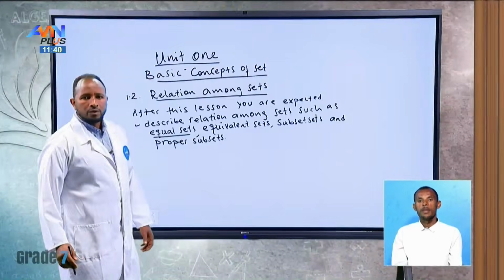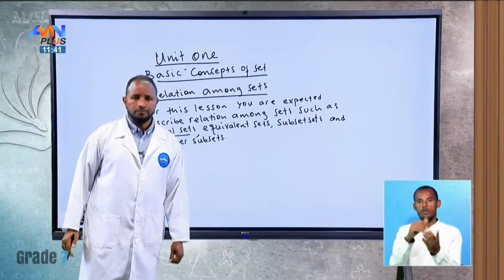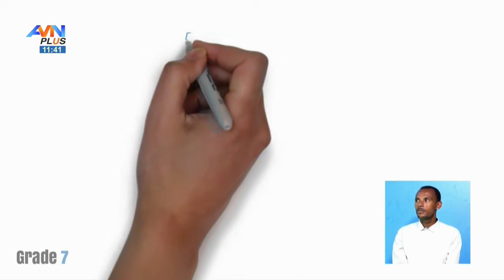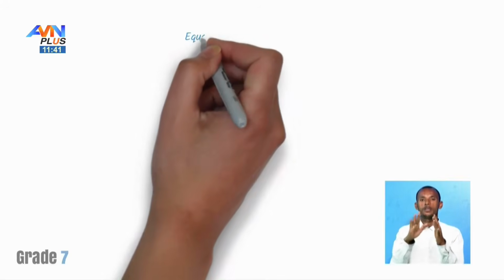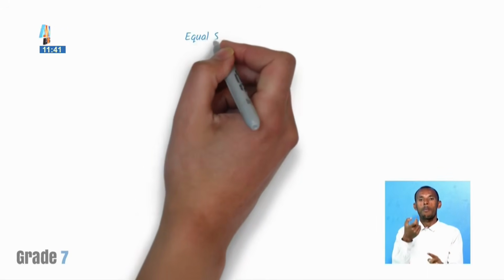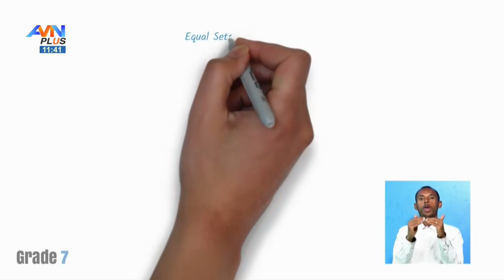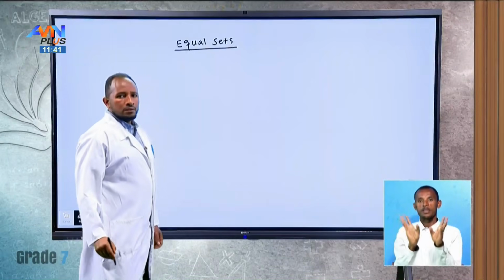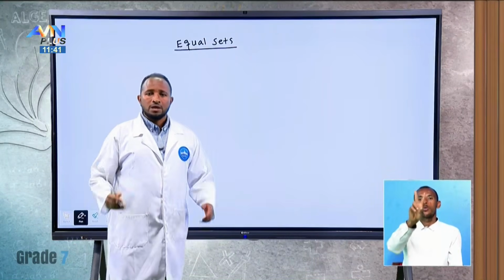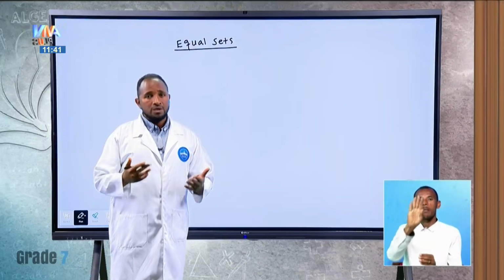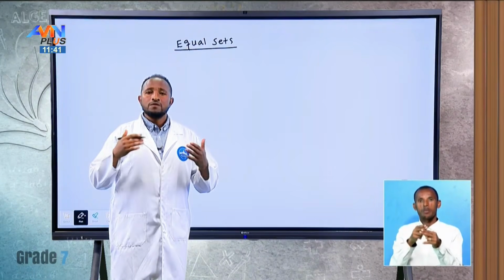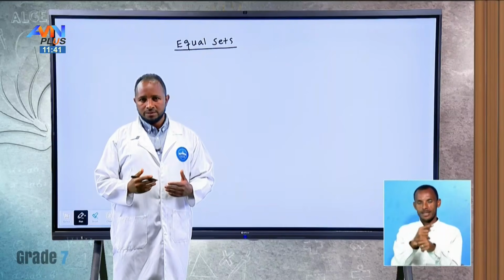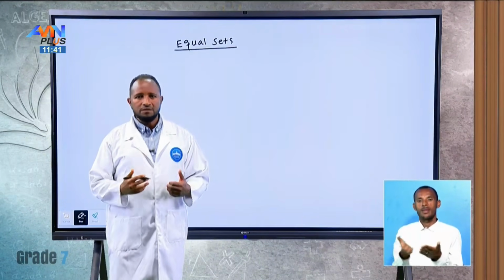So now, let's continue the lesson. Let's start from equal sets. Two sets A and B are said to be equal if and only if they have exactly the same elements. So let me write the definition.